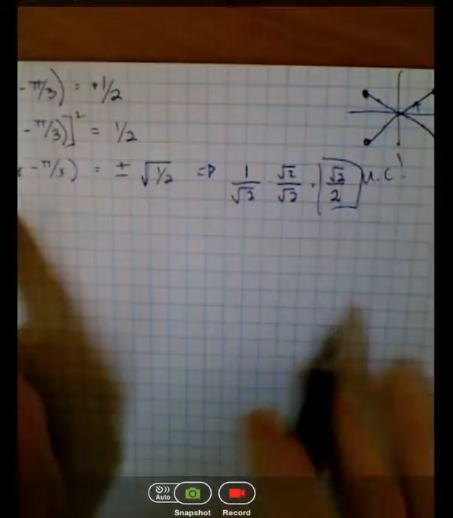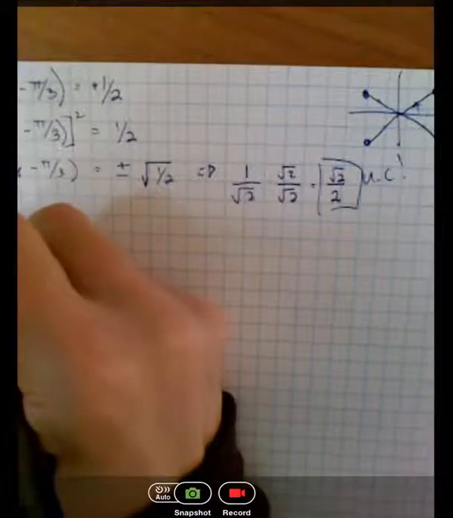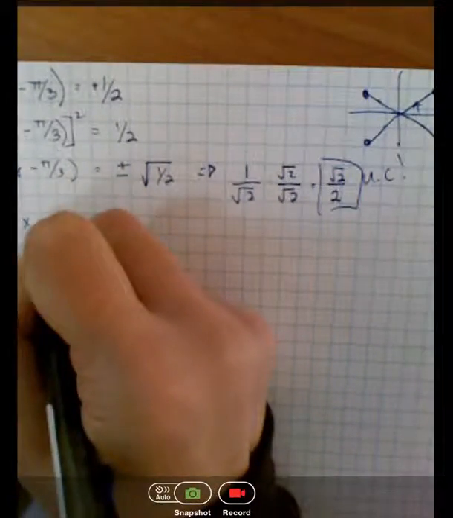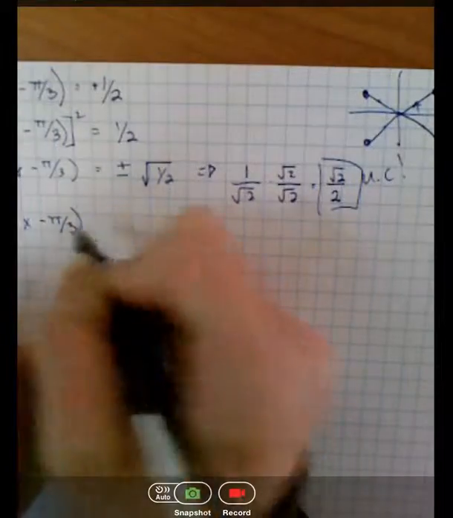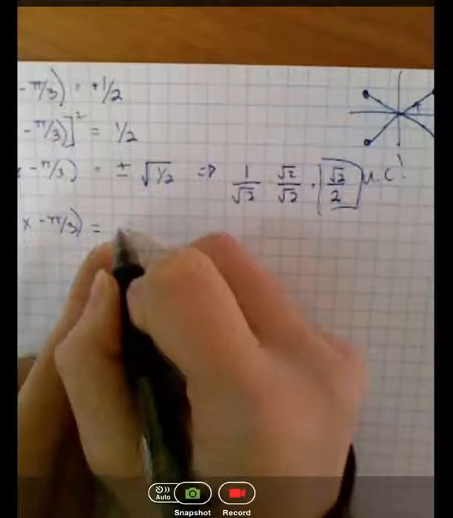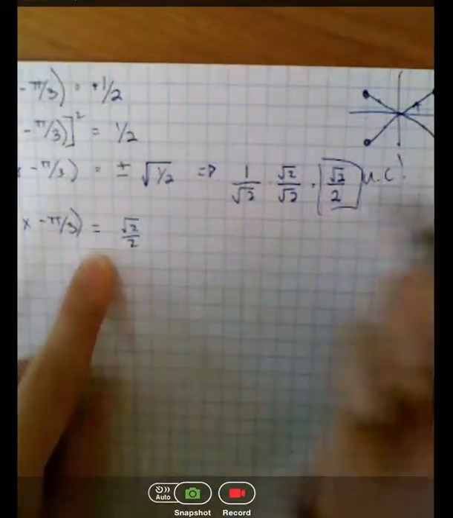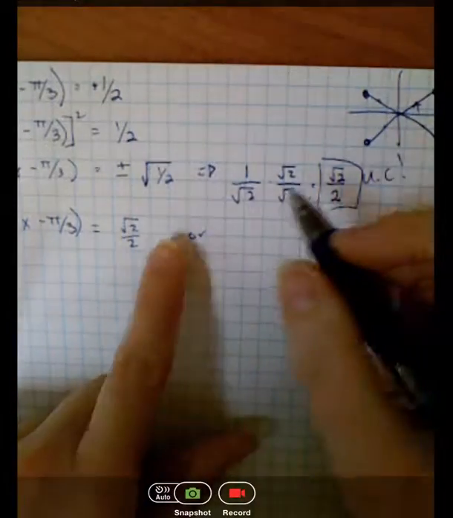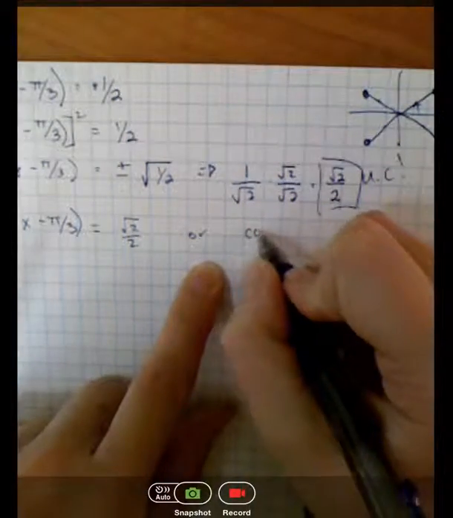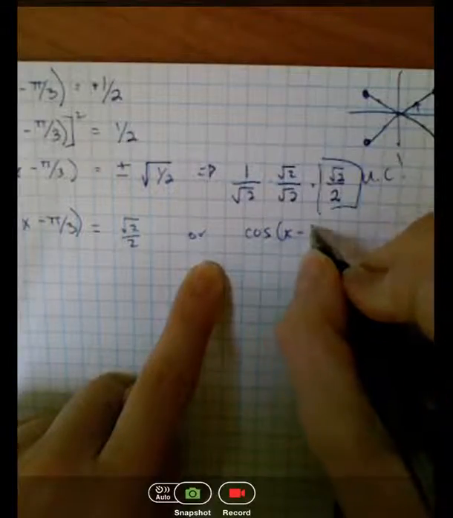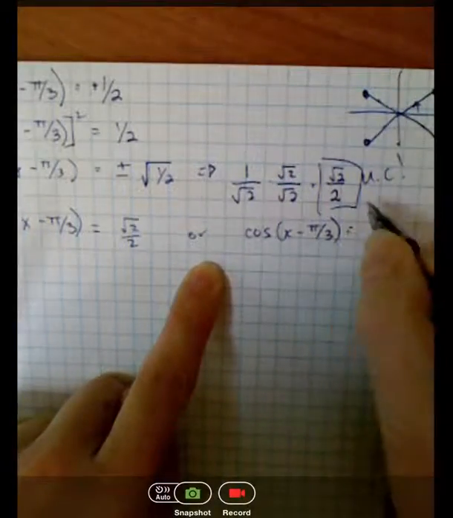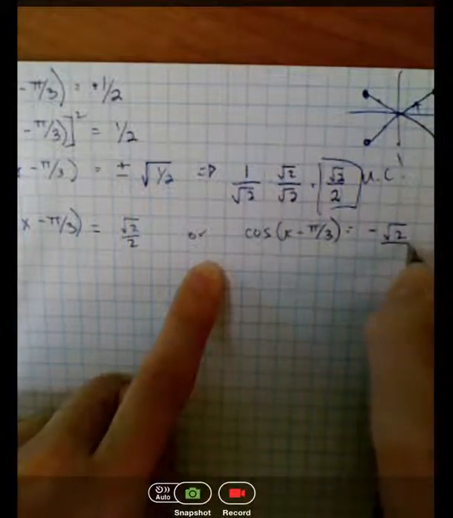So I'm going to be aware of that. So the cosine of x minus pi over 3 equals either positive root 2 over 2 or cosine of x minus pi over 3 equals negative root 2 over 2.